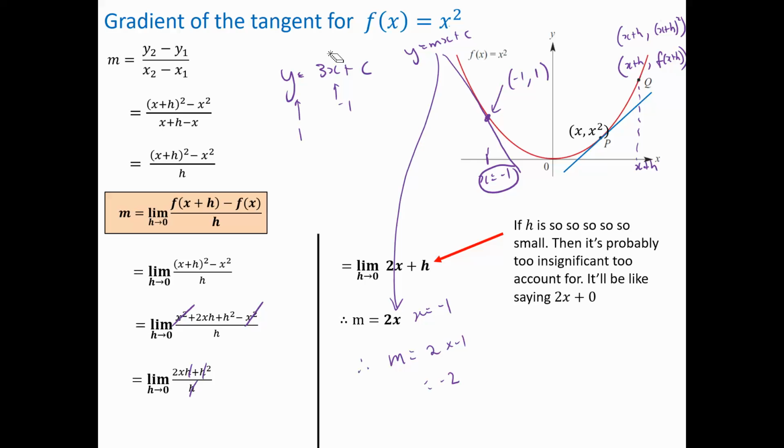Oh sorry, the gradient should have been -2x at -1. If I sub that in, I get 1 equals -2 times -1 plus c, so 1 equals 2 plus c, and therefore c equals -1. So now I know the equation. At x equals -1, it is y equals -2x minus 1.